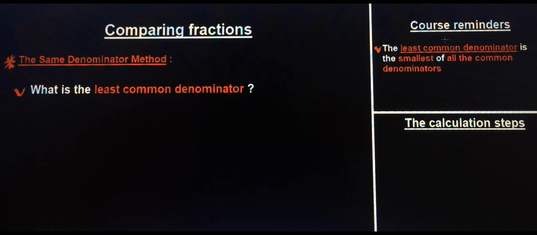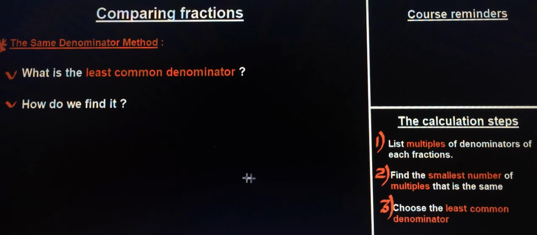The least common denominator is the smallest of all the common denominators. How do we find it? We list multiples of denominators of each fraction. Then we find the smallest number of multiples that is the same, and we choose the least common denominator.